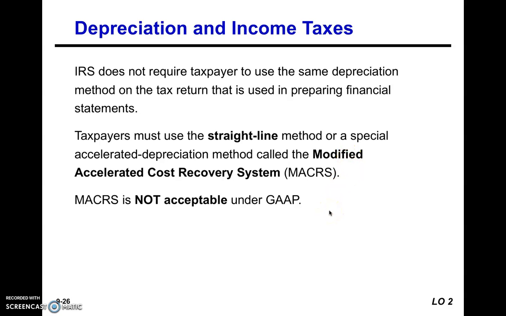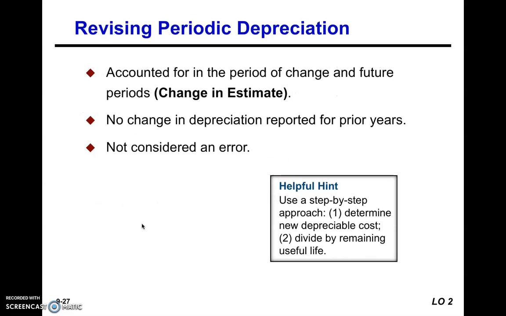And the concept is that we're going to take more depreciation at the beginning of the life of the equipment or asset, the plant asset, because it's more useful, it's more efficient. And as it gets older, the amount of depreciation decreases. Remember that MACRS is only used for tax purposes, is not acceptable under GAAP. Under GAAP, the 3 depreciation methods that you saw are acceptable.